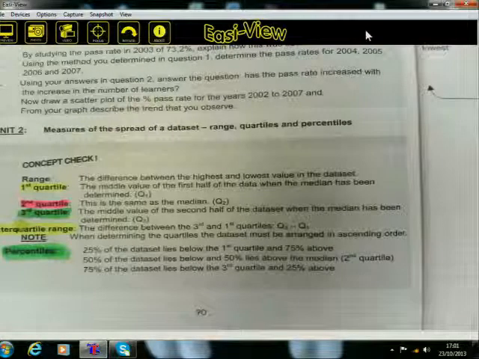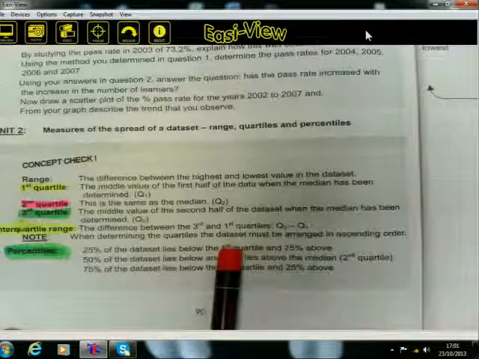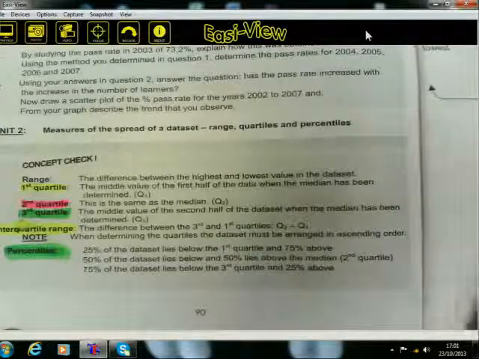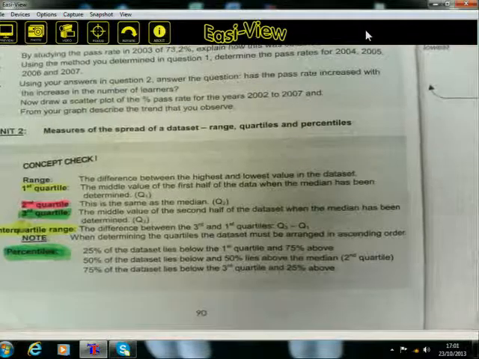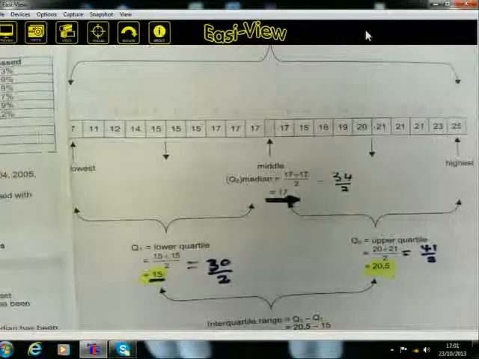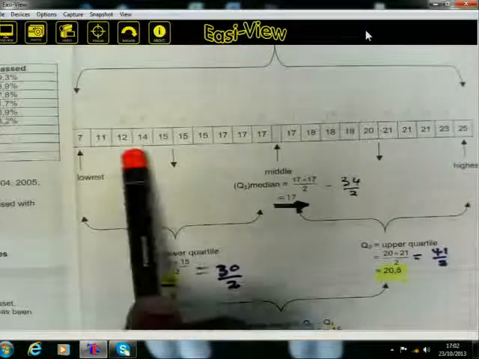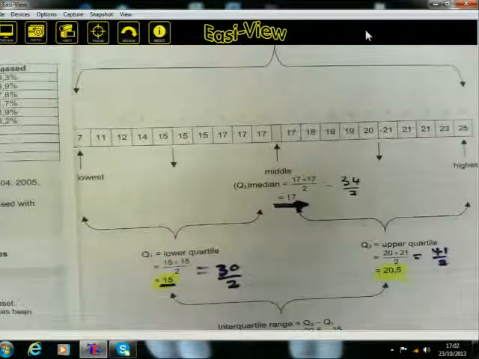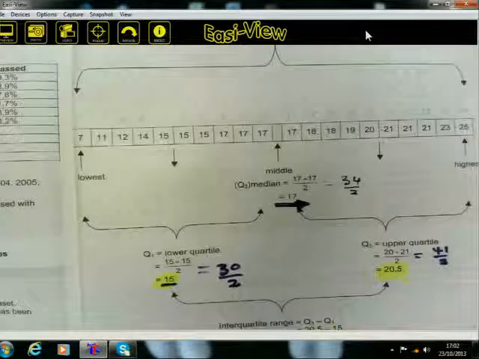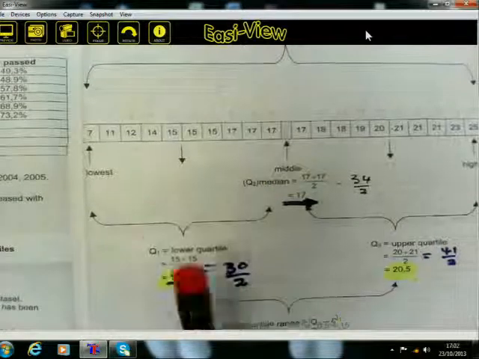Now, we are saying 25% of the data set lies below the first quartile. That means from our first quartile, 25% of data lies there. Let's have a look at our data again. We are saying here 25% of this data gets 15.